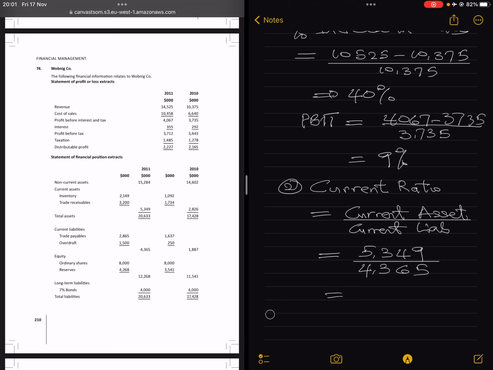Put that on the calculator. That gives 1.2, thereabout. Yeah, 1.2.